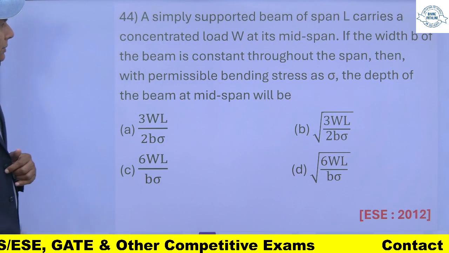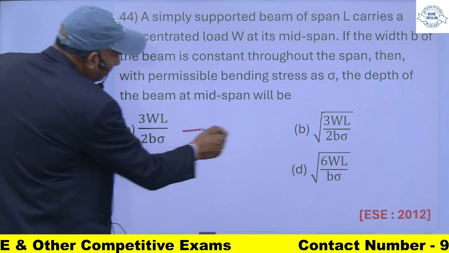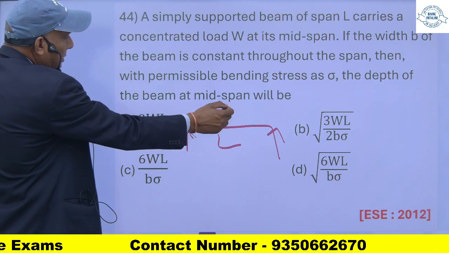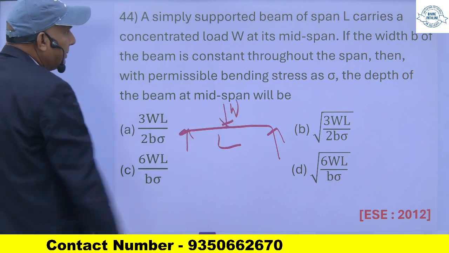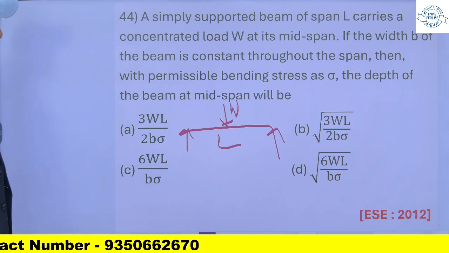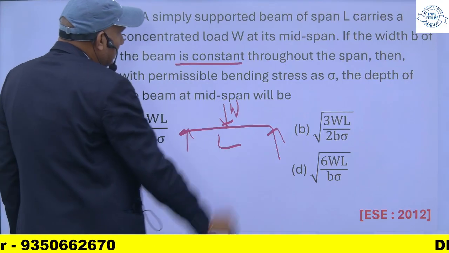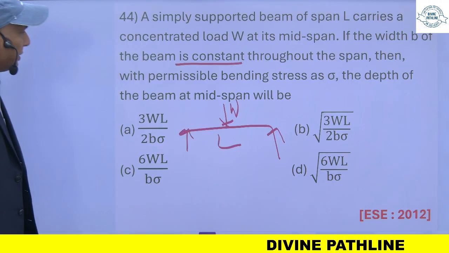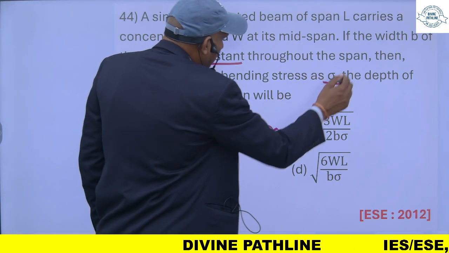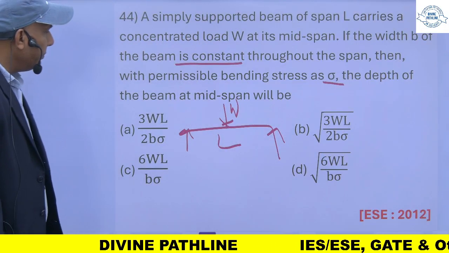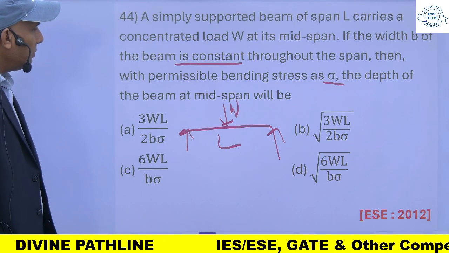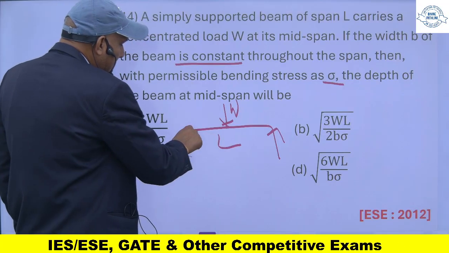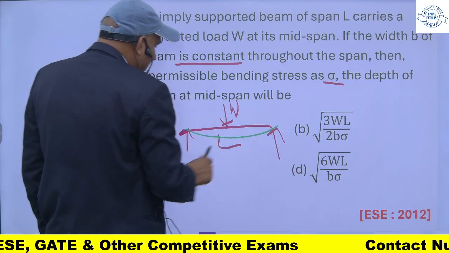A simply supported beam of span L carries a concentrated load W at the mid span. If the width of the beam is constant throughout the span, and with permissible bending stress as sigma, the depth of the beam at the mid span will be how much? In this case, my width is constant but depth is varying.